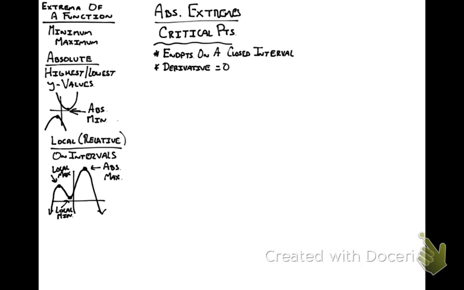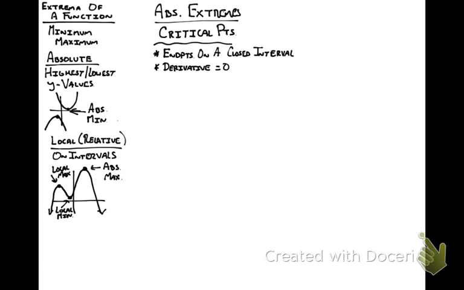Local mins and maxes do occur at the same places. It just doesn't matter as much, but absolute extremes is where we need to focus. So anytime we're looking for mins and maxes, we need to look at all of the critical points and evaluate them. What's going on at the endpoints, what's going on when the derivative equals 0.